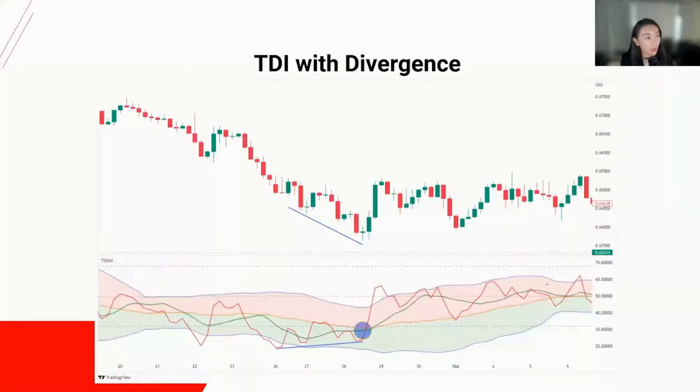Okay, so how are we doing it with divergence? There are different kinds of divergence. Here you can see it's a very regular bullish divergence, which means this shape. When you use a trading system that anticipates a market move, you may be right or wrong, but you cannot be right all the time.